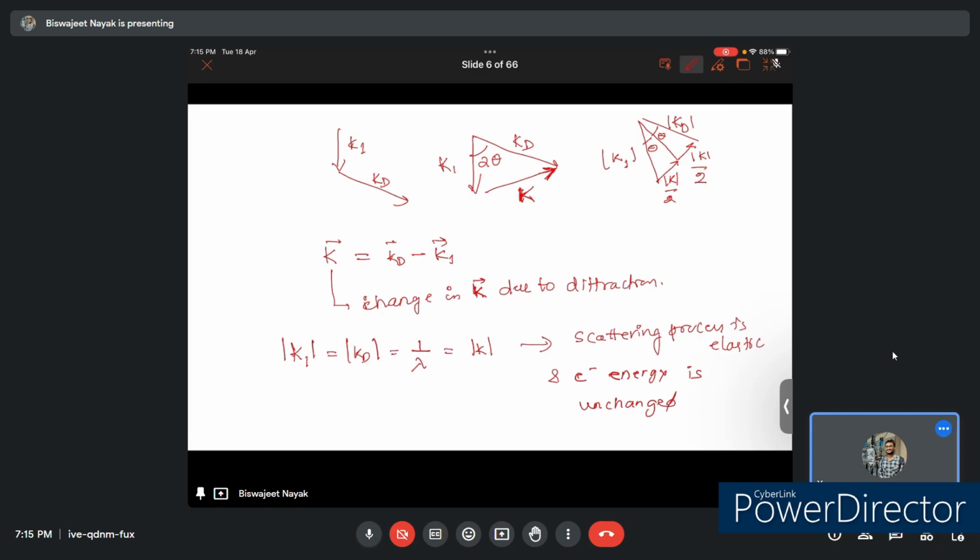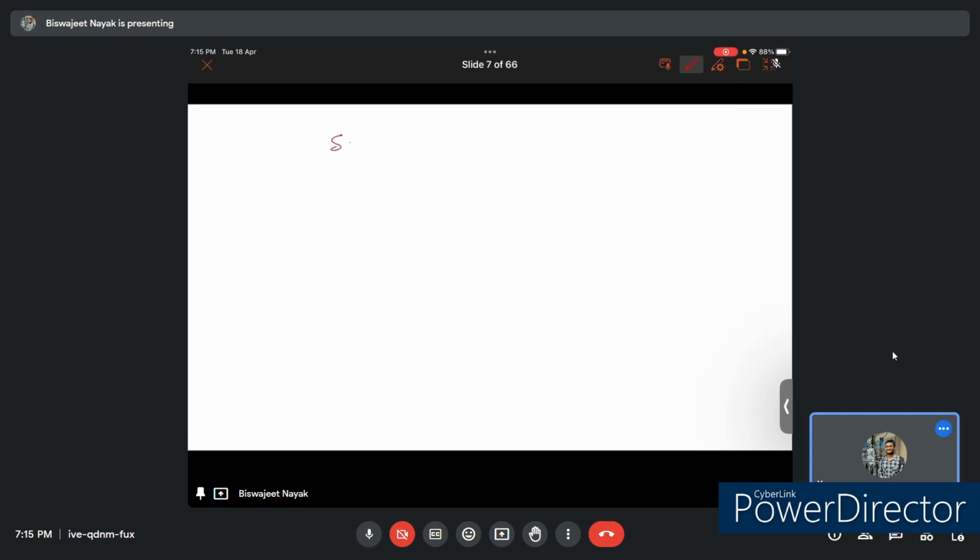From simple geometry we can write sine theta as the net change in wave vector divided by 2 times the incident wave vector. From this, the change in wave vector is related to the diffracting angle.